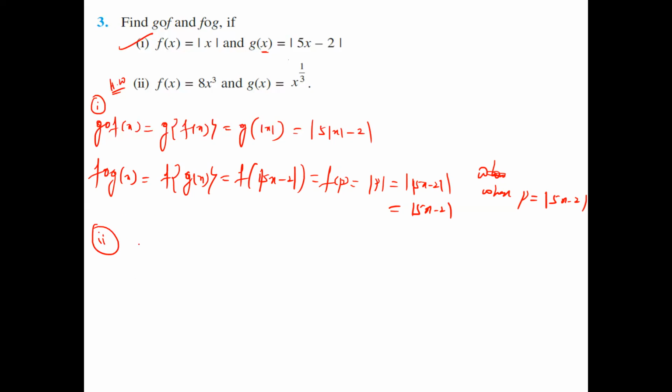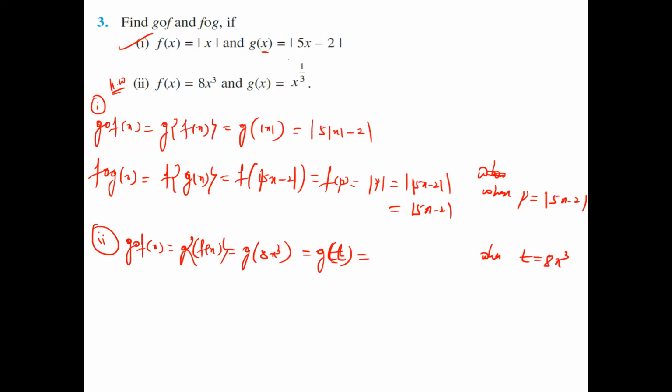Now, second problem, how to see this one? G composition F of X. G of F of X. G of, what is F of X value? 8X cube. Now this one write as G of T. What is the T here? Where T equal to 8X cube.